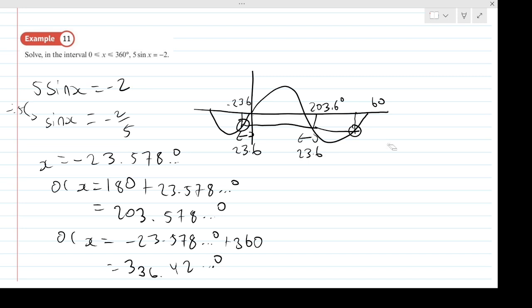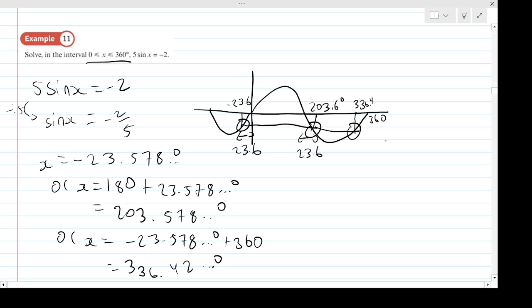So that'd be 336.4, and obviously we're at the end at 360 there. So actually those are the only two solutions between 0 and 360, that solution there and this solution there.